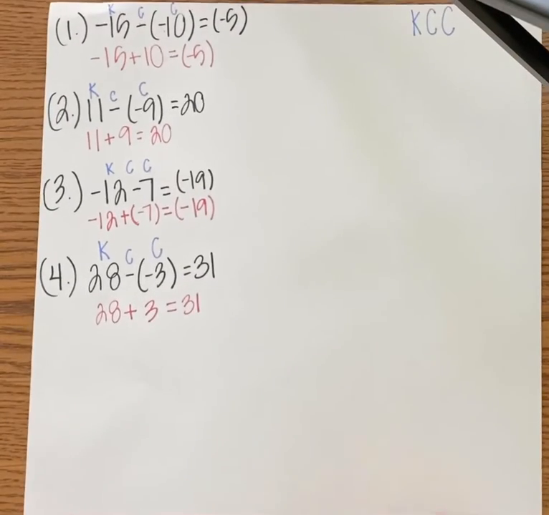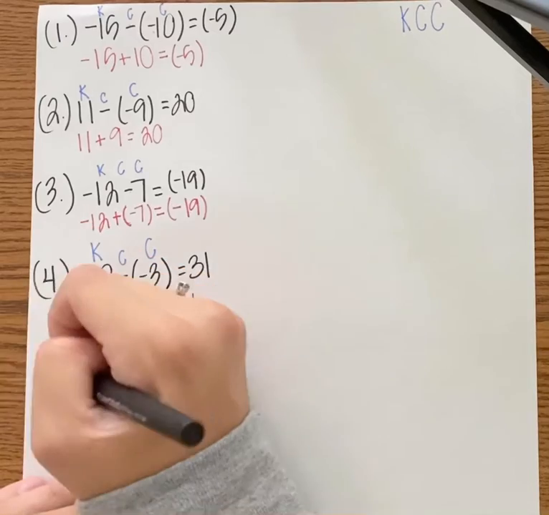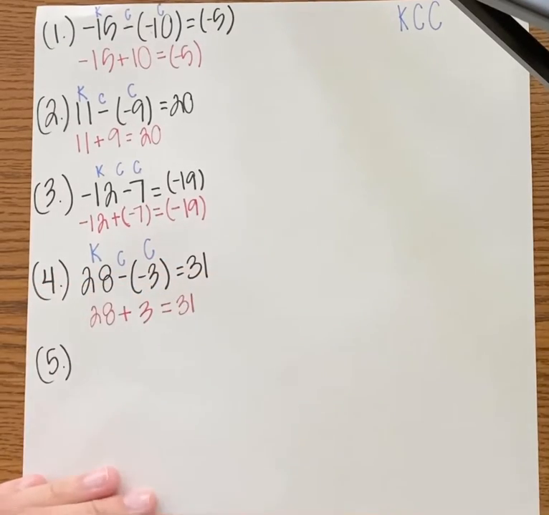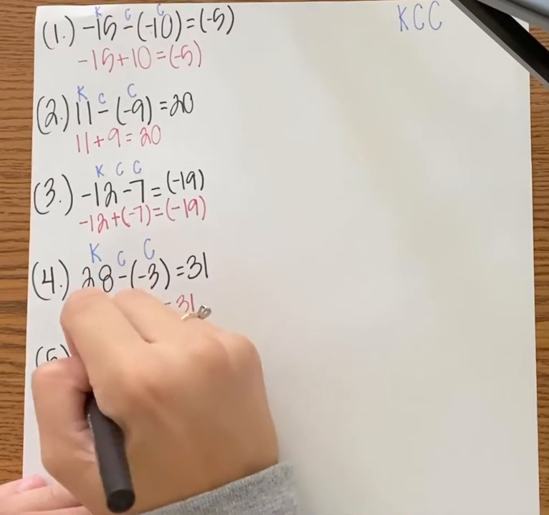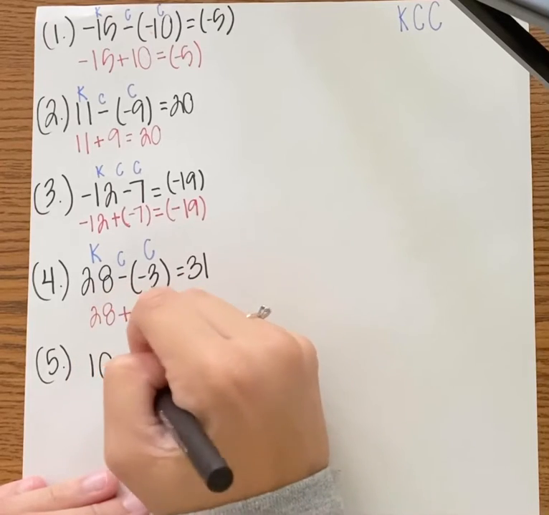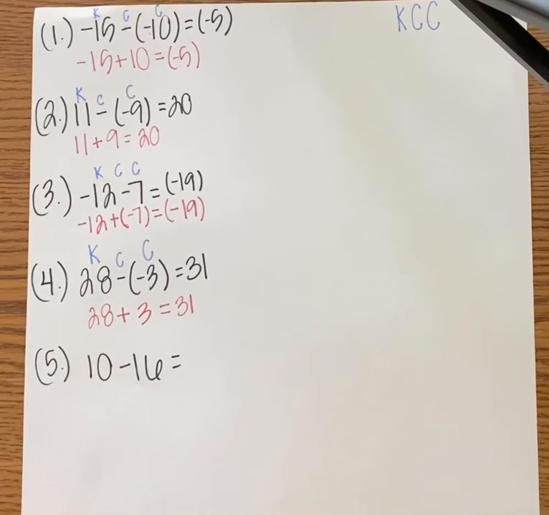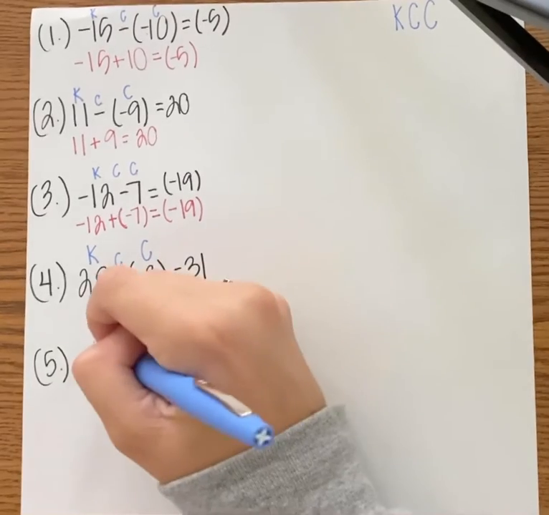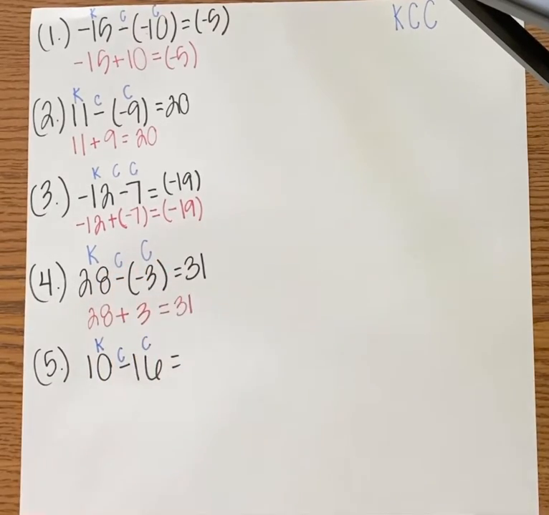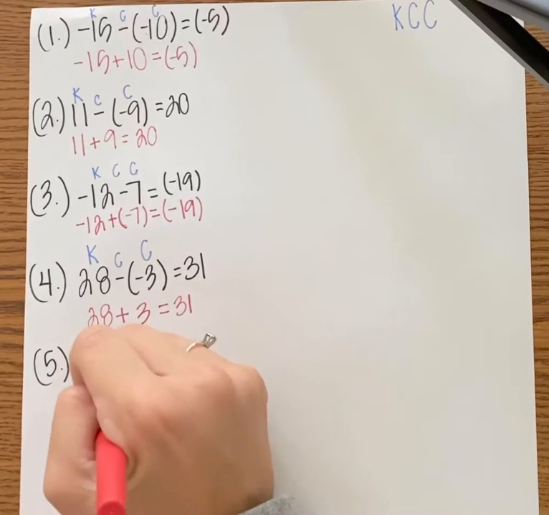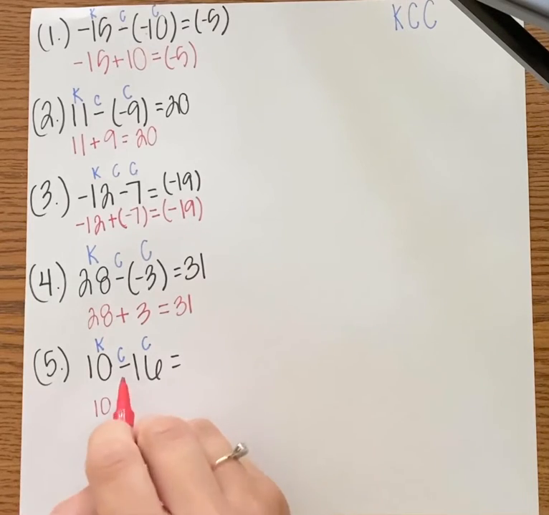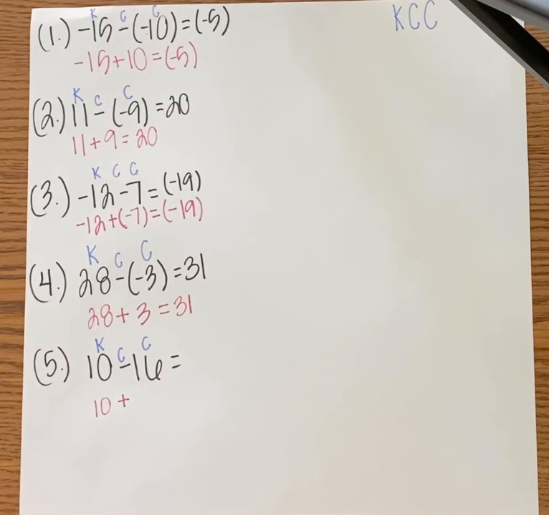Our last example for this video, example 5, we have 10 minus 16. We're going to use that same keep, change, change method. I keep my first number the same, 10. I change that subtraction sign to addition.